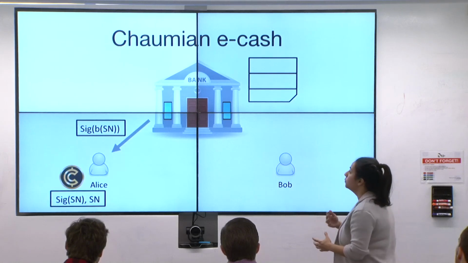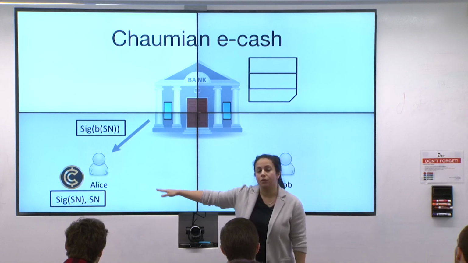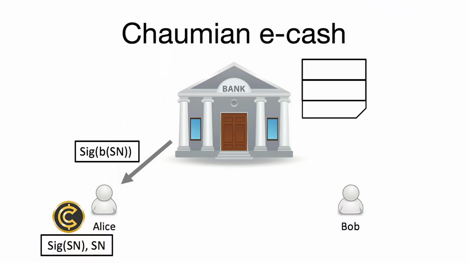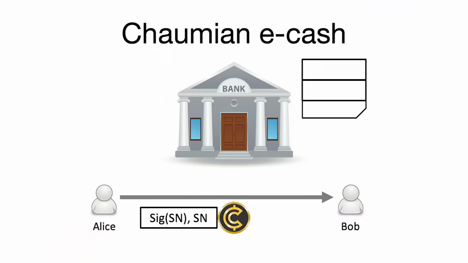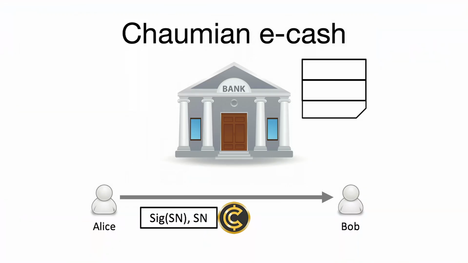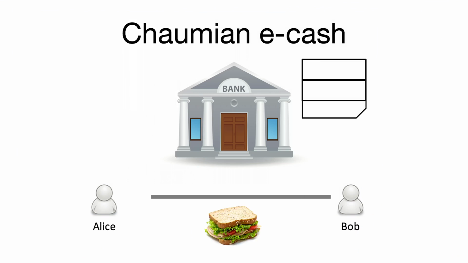Alice can remove the blinding factor later, and this is what the coin is. The coin is a valid bank signature on the secret number, and also the number itself, which Alice can then send to Bob. Bob can check and make sure that this is a valid signature from the bank. And if that's correct, then Bob can give Alice a sandwich.